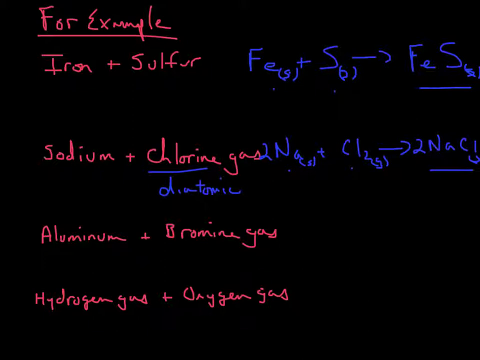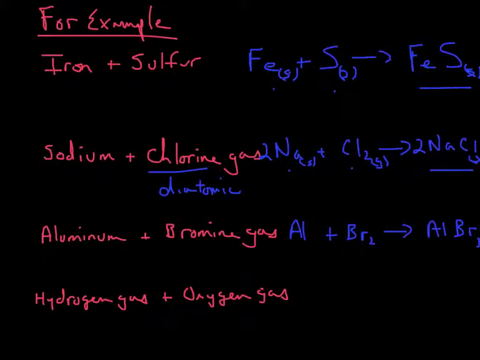Alright, aluminum plus bromine gas. Aluminum is Al, bromine gas is another diatomic element, and I get AlBr. Now, bromide is -1, aluminum is +3. That means I need 3 bromides to balance the compound.